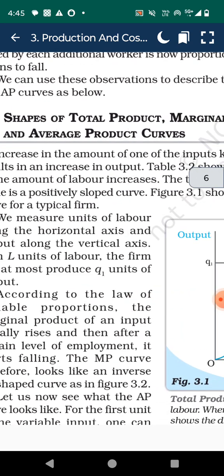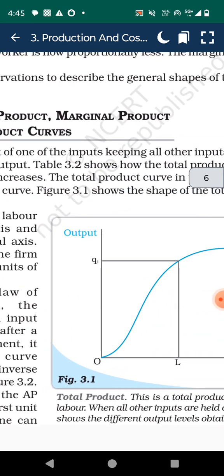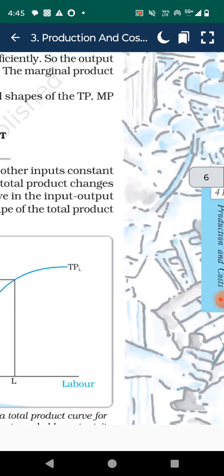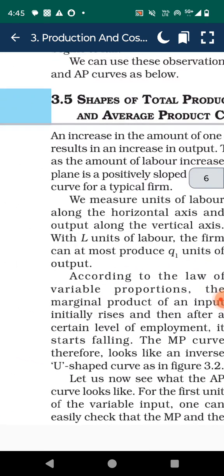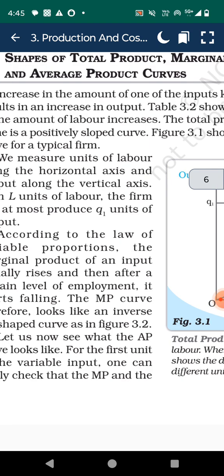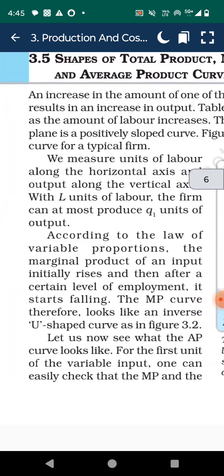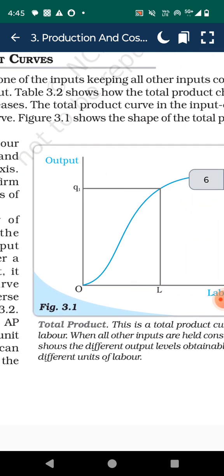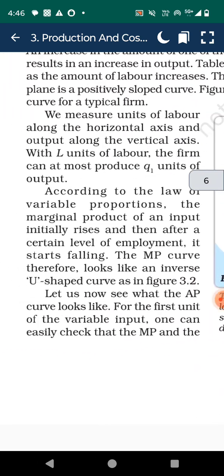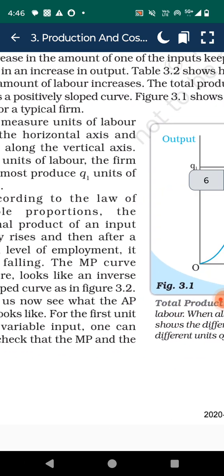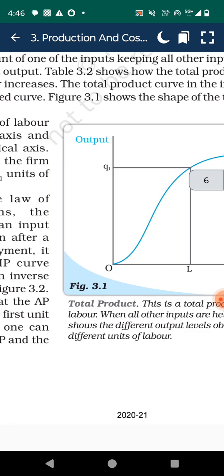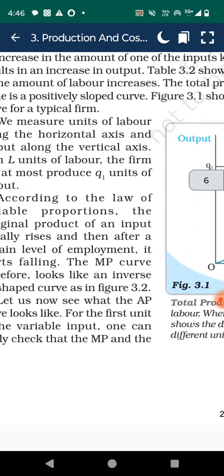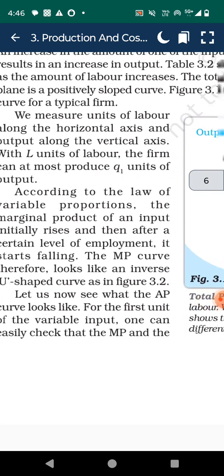We use this observation to describe the shape of the TP, the marginal product and the average product curves as below. Shape of the total product, marginal product and average product. An increase in the amount of one input, keeping all the other inputs constant, results in an increase in output. Table 3.2 shows how the total product changes as the amount of labor increases.